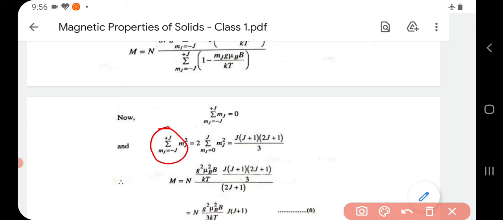You are just changing the summation limit from minus j to plus j to 0 to j, so you have to multiply by 2. That is why 2 appears here. Its value is j into j plus 1 into 2j plus 1 by 3.